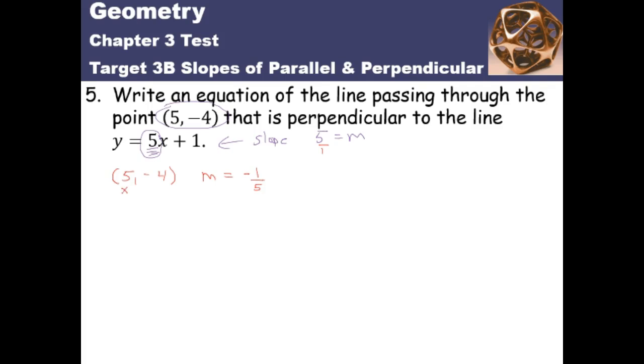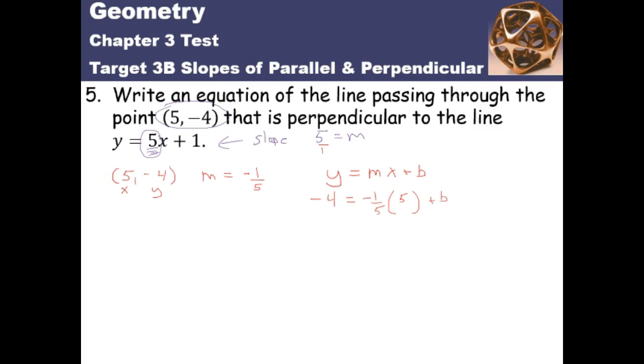This is my x value, and this is my y value. I'm going to use y equals mx plus b. Where I see a y, I replace it with -4, where I see an m, I replace it with -1/5, and where I see an x, I replace it with 5, and then plus b.